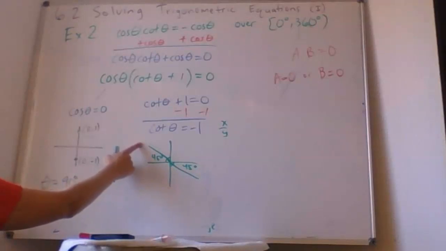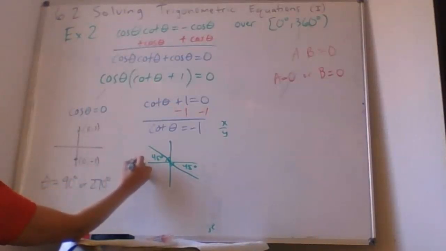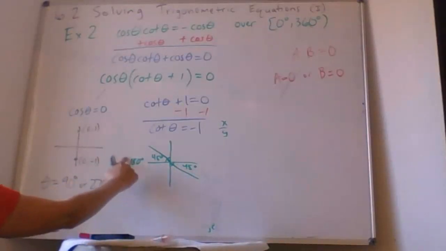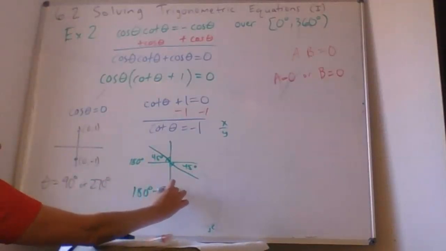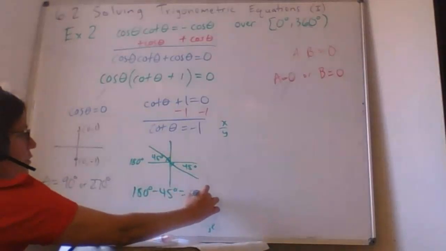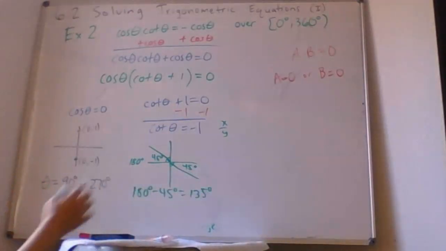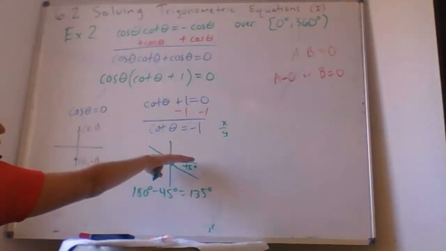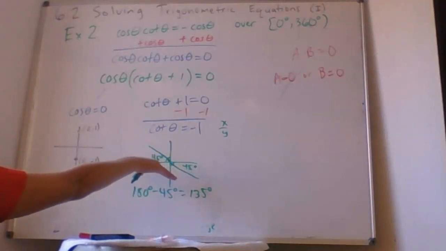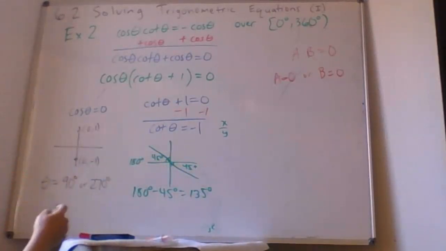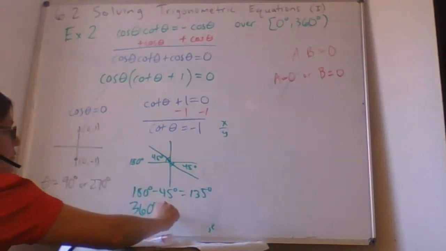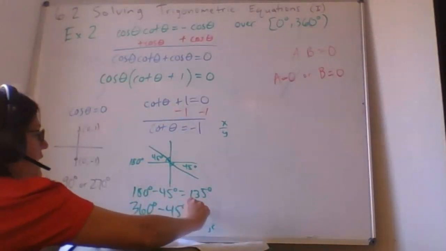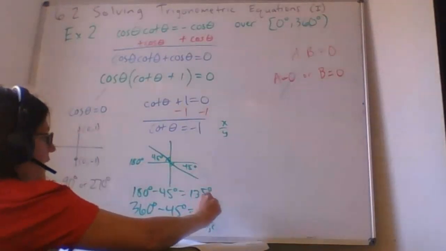In quadrant 2, we notice that here is 180 degrees, so we have to subtract 45 degrees from 180 degrees to get 135 degrees. In quadrant 4, we are 45 degrees less than 360 degrees, so we subtract 360 degrees minus 45 degrees to get 315 degrees.